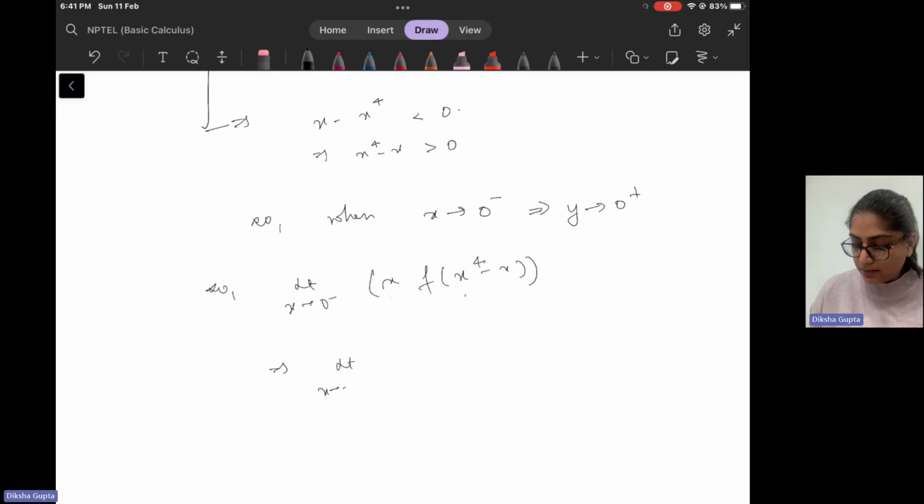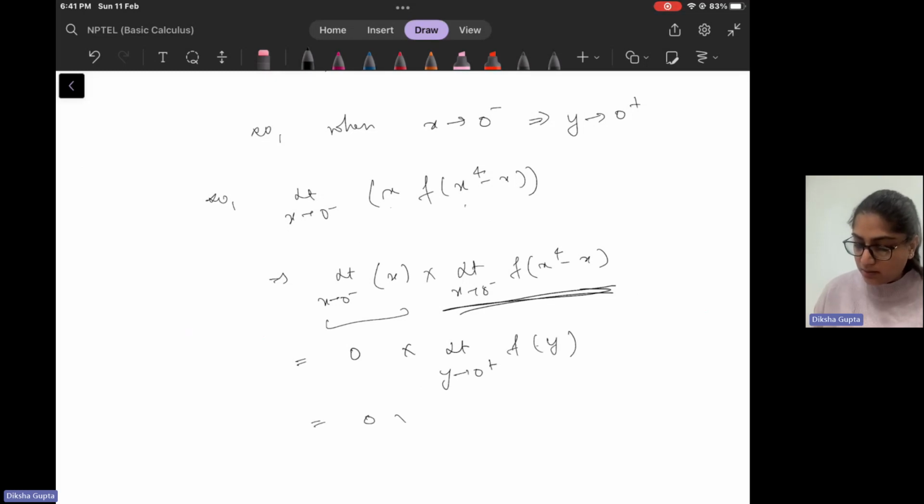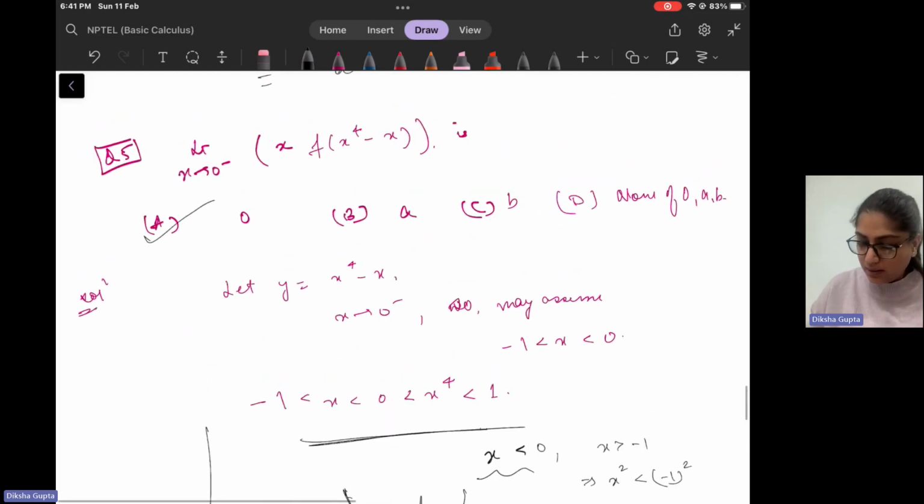So limit of x as x tends to 0 minus, into limit of f of x^4 minus x, is equal to 0. Left hand and right hand limits are finite, so it is the same value. This is 0 and this is a finite limit, so if I multiply it with 0, it will come out to be 0. So our correct option is A.